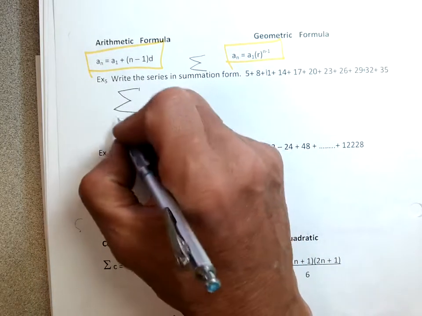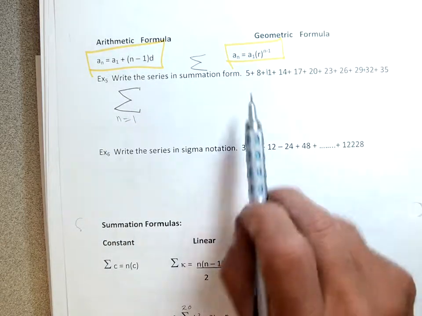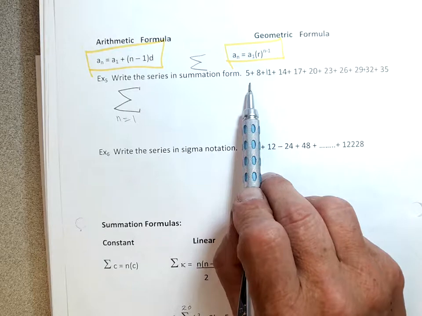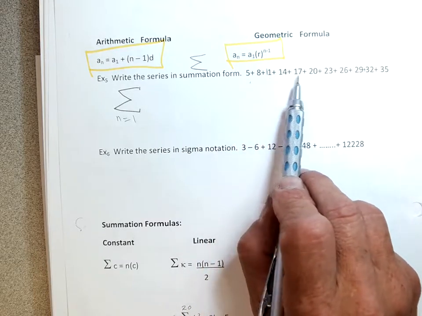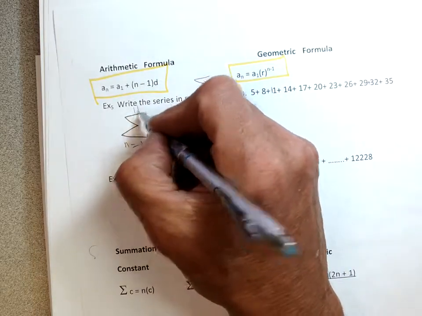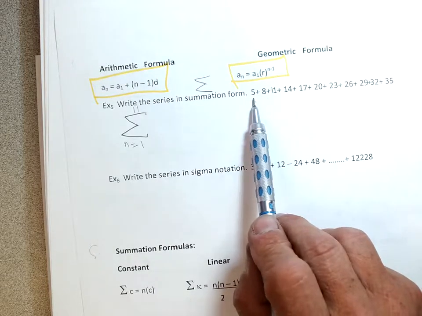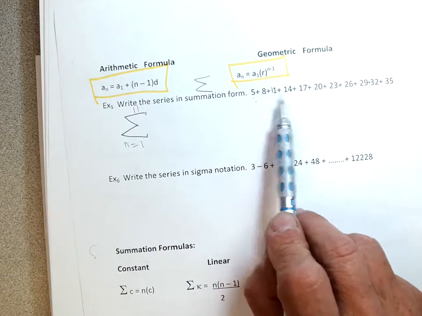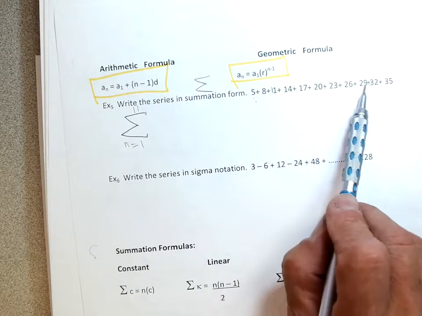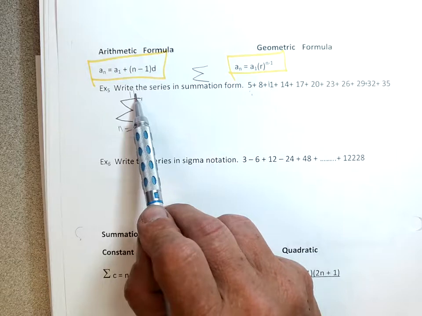Let's start with n equals 1, because 5 is my first term. 1, 2, 3, 4, 5, 6, 7, 8, 9, 10, 11. So to get 35, I will have to plug 11 into a formula, okay?